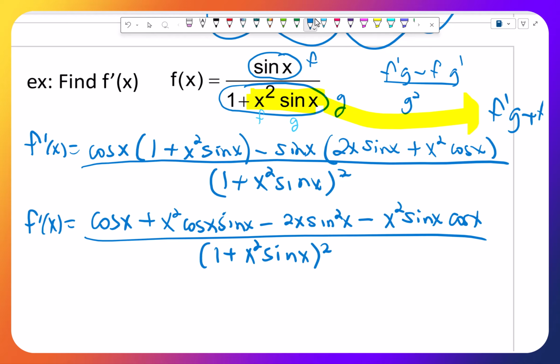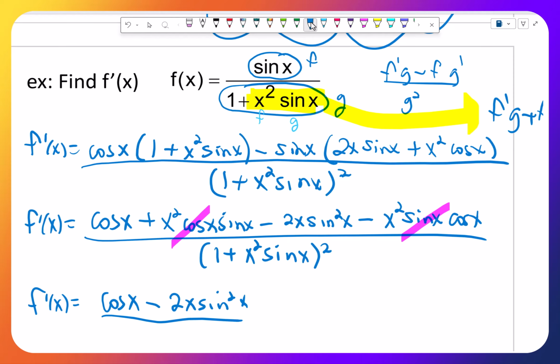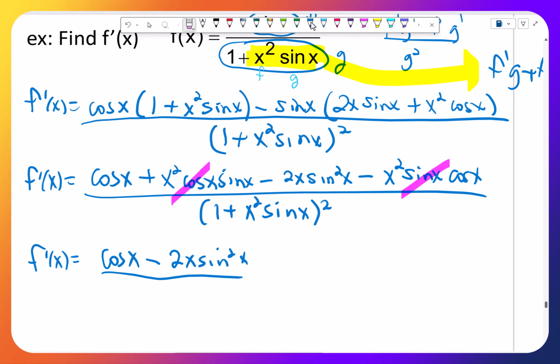Okay. Do we see anything that's speaking to us? We do, right? Aren't these the same? One's positive and one's negative. Can't we get rid of them? Sure, we sure can. And so now I've got f prime of x is going to be cosine minus 2x sine squared, all over 1 plus x squared sine x, squared.